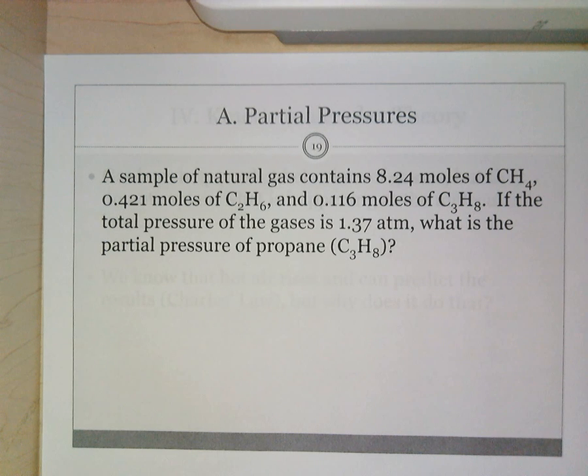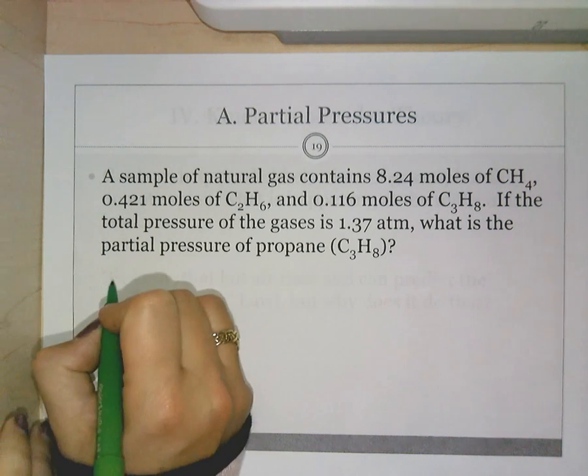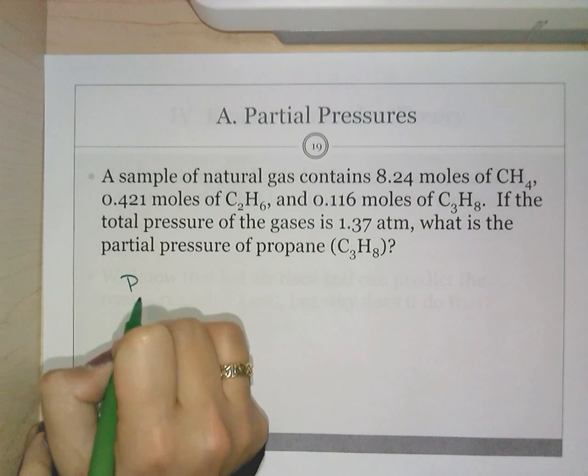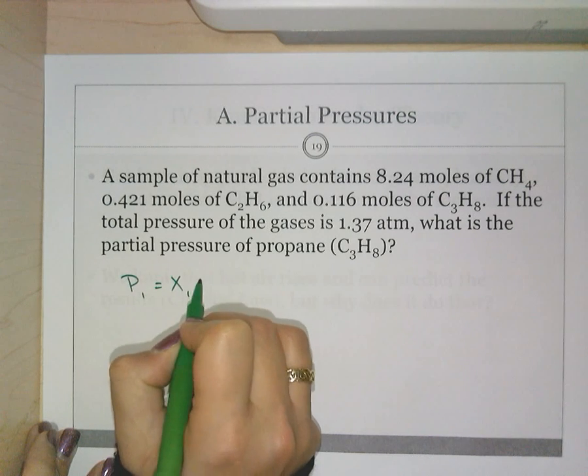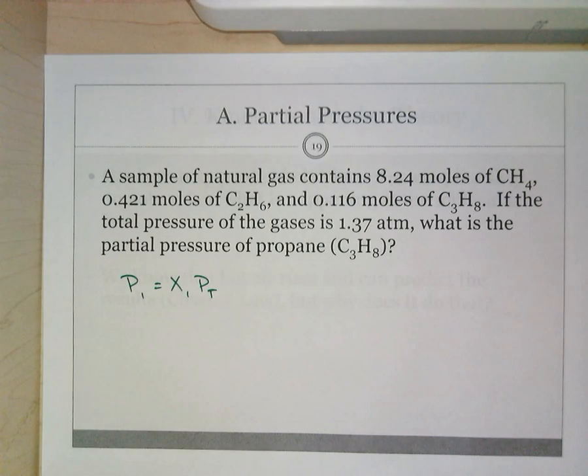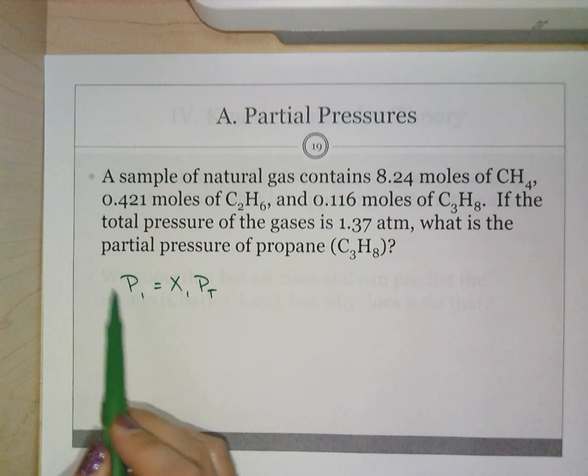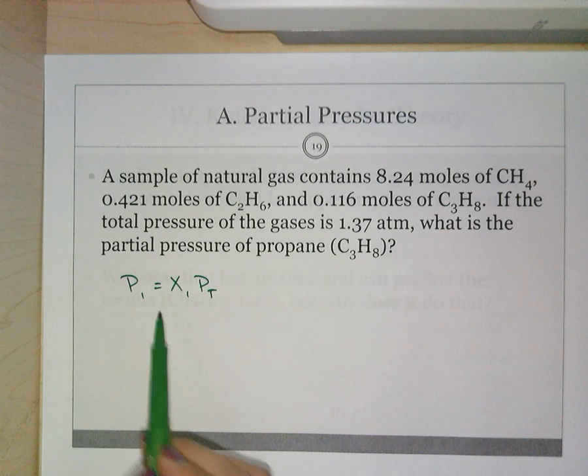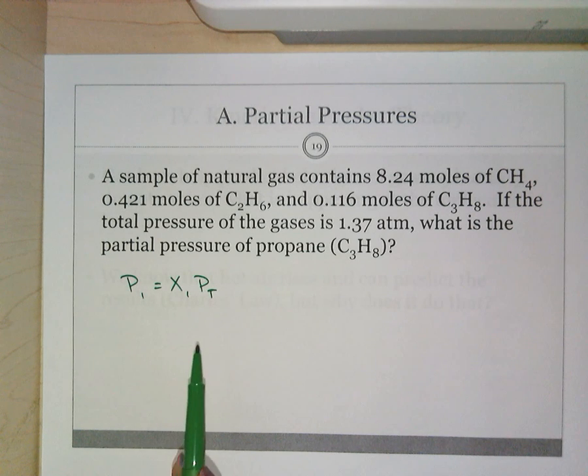first thing we need to do, because we're headed towards this, that's the equation we want to use. I want the partial pressure of component 1, the mole fraction of that, times the total pressure. Do I know the total pressure? Yes, I gave it to you. So we just need to find the mole fraction.